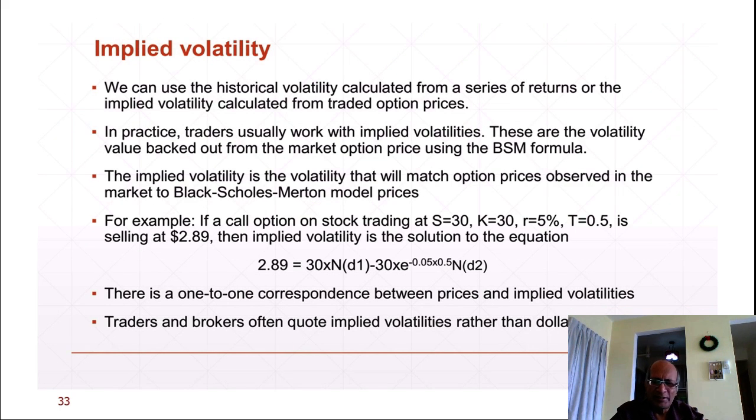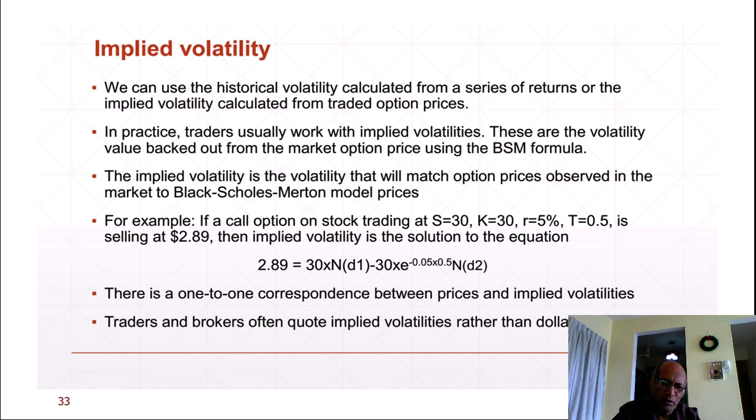Okay, implied volatility. What do we mean by implied volatility? When you use historical volatilities, calculated from the series of returns, or the implied volatility, calculated from the traded option price. In practice, traders usually work with implied volatilities. These are the volatility values backed out from the market option price using the BSM formula. Implied volatility is the volatility that matches the option price observed in the market to the Black-Scholes-Merton model price.